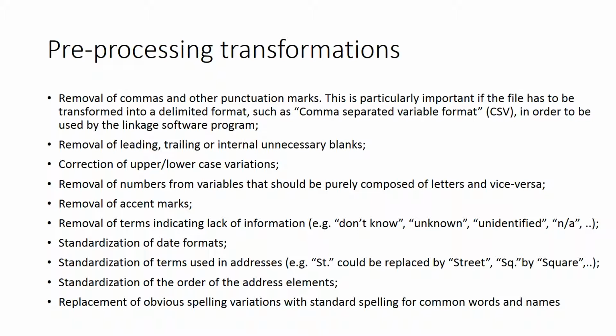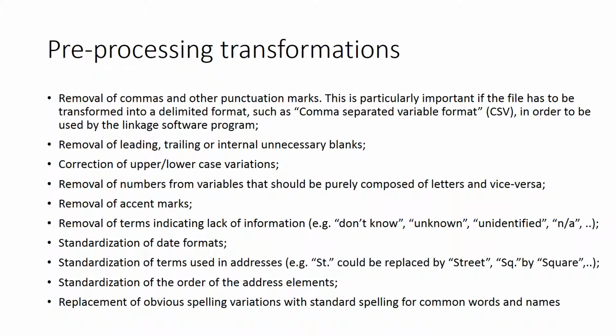Removal of accent marks. Different languages use different alphabets, including different accent marks, which might prevent your ability to link records. The removal of terms indicating lack of information, such as don't knows, unknowns, or unidentified, which might occur frequently within a certain column if data is missing. Remove those. Standardization of date formats.